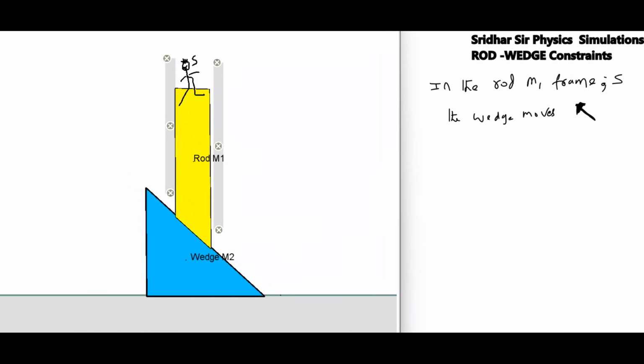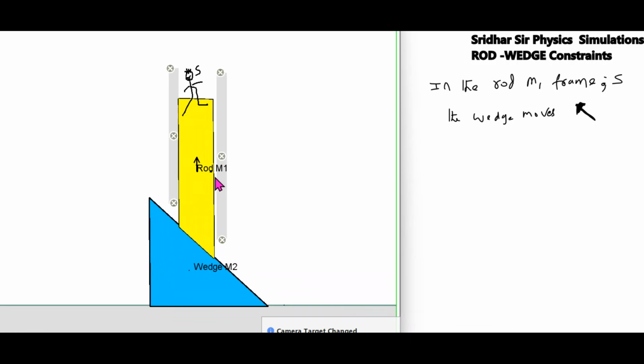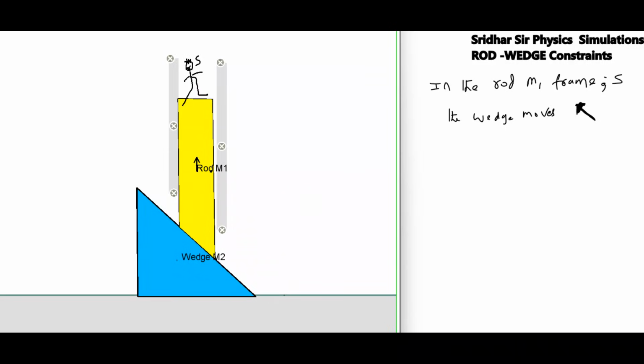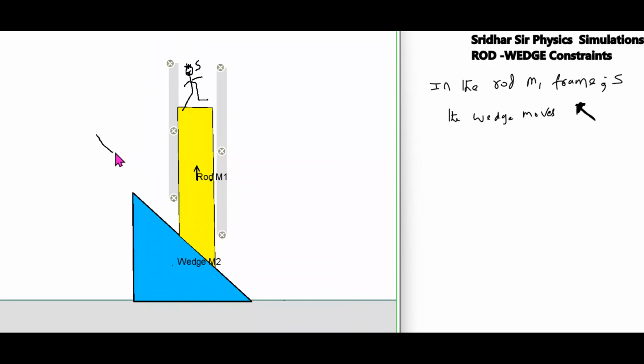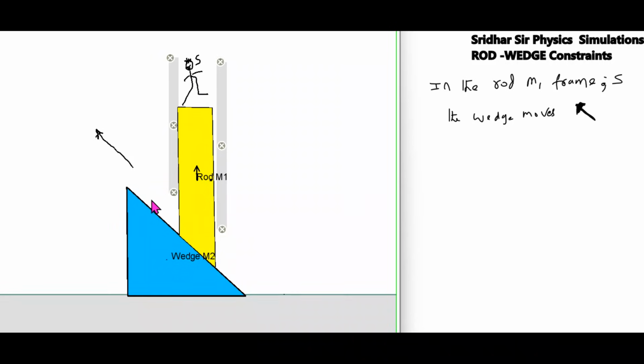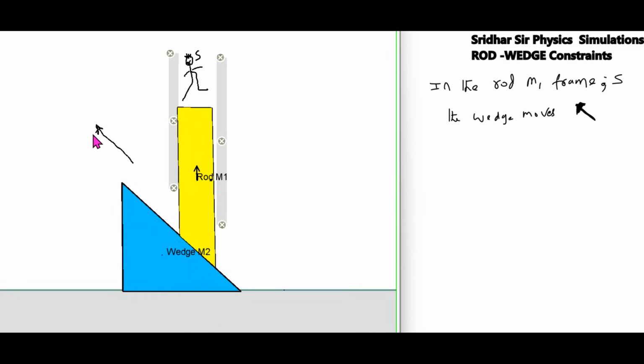Now in the rod frame, how will the wedge be moving? That we'll check. You can see here in the frame of the rod, the wedge will be moving like this. This is the overall picture of the rod-wedge constraint, which needs all this background.